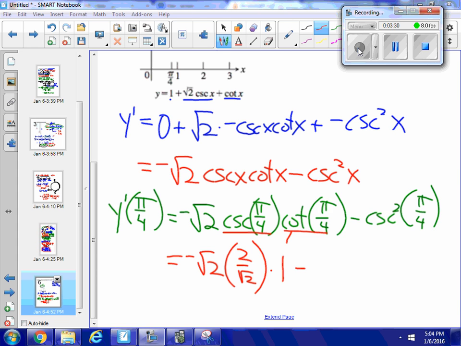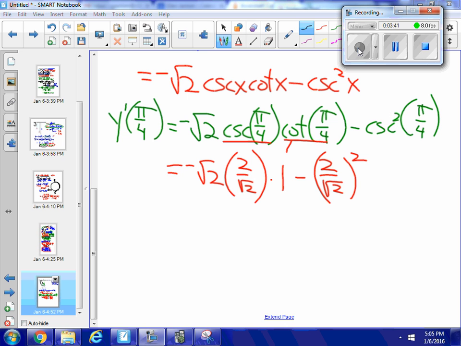Minus 2 over radical 2, squared. Let's work on that a little bit more. That's equal to, well, these radical 2's go away, so I have negative 2 times 1 minus, well, if I square this, I'm going to get 4 over 2.